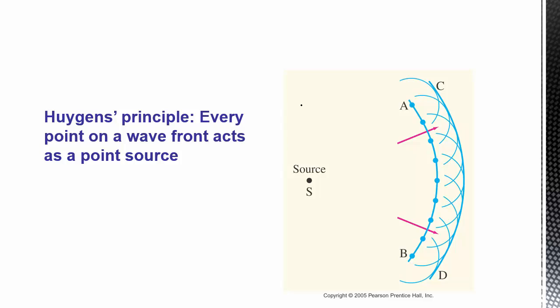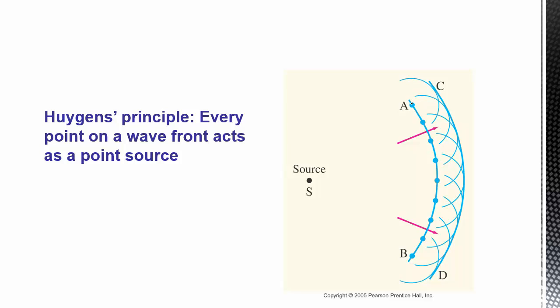So his principle is simply that if you have a wave front, so you can imagine this like a curved wave, just a big nice rolling curved ocean wave, and it's moving forward according to these red arrows here, every point along that wave can be considered a point source of circular waves.